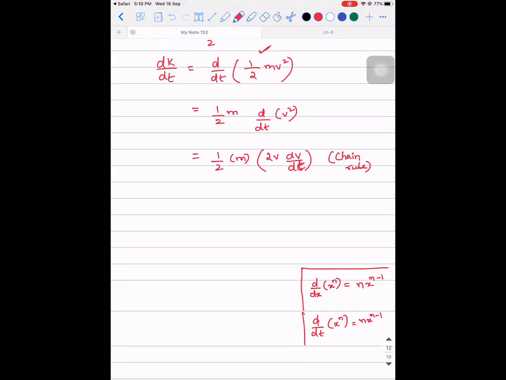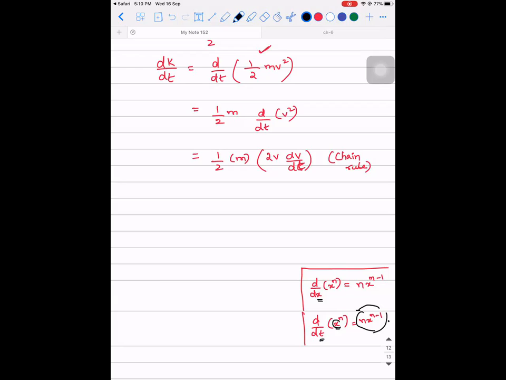Because whenever you're differentiating, the most important parameter you need to concentrate upon is with respect to what? If you look at the first scenario, you're differentiating with respect to x. In the second scenario, you're differentiating with respect to t. But what is the variable that is there? The variable is x. So when you have something like this, you need to first do the basic differentiation, that is n into x power n minus 1. You need to put a dot. Dot means into.